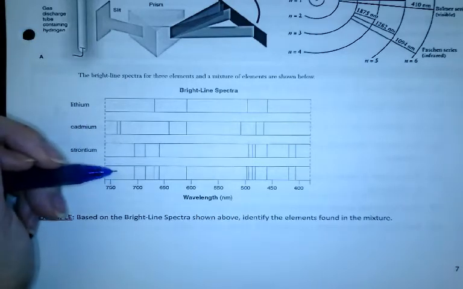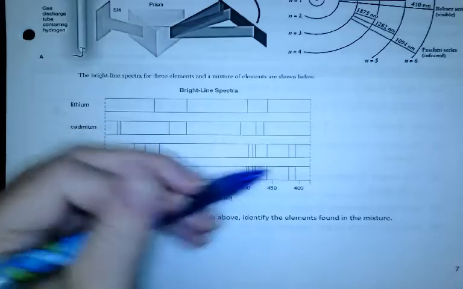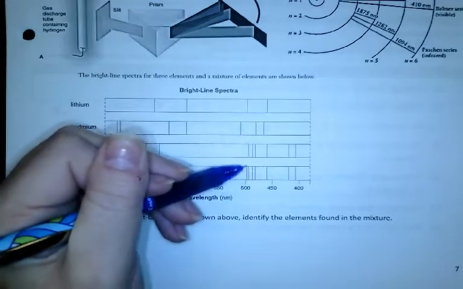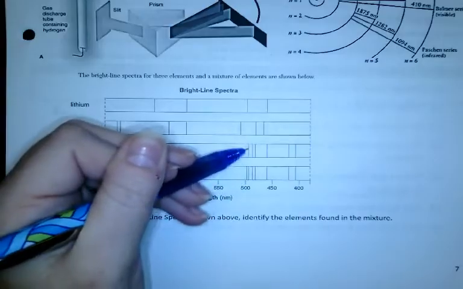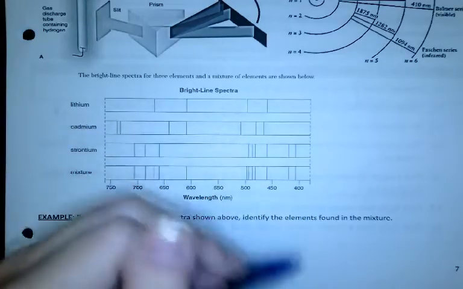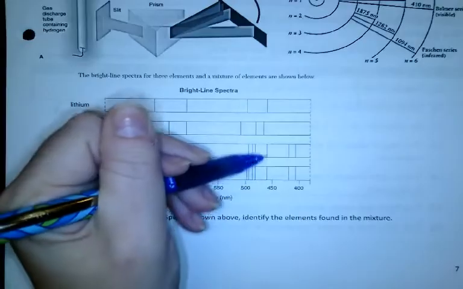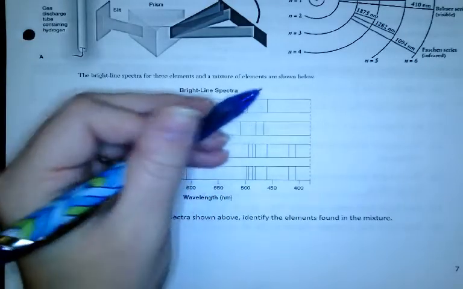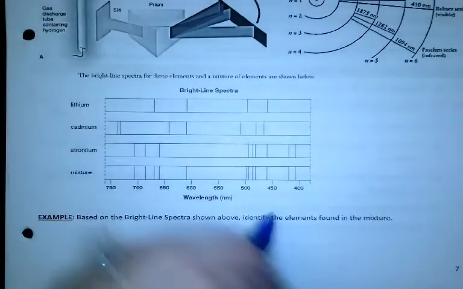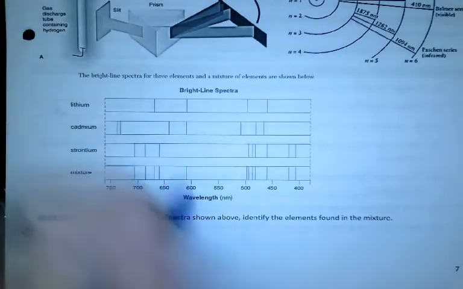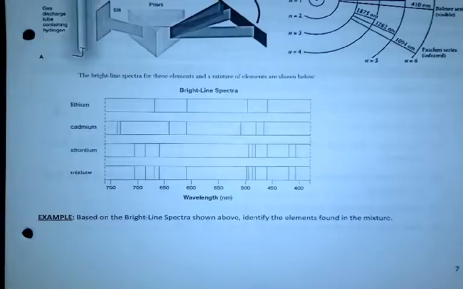If we go over, we see that this line lines up with lithium. The next three line up with strontium. This line lines up with strontium and lithium. And these last two lines line up with strontium. So while one line did line up with cadmium, most of these lines are from strontium and lithium.